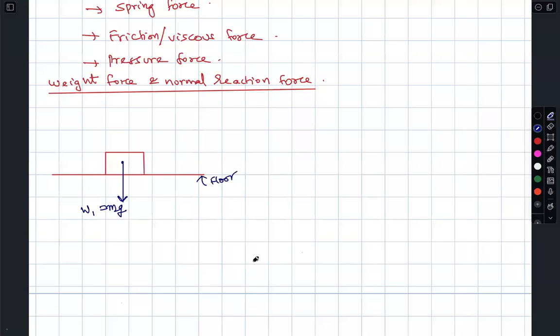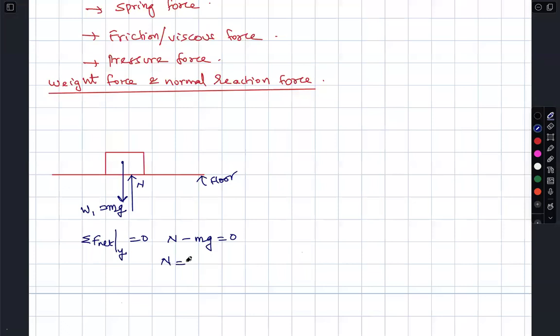So how is it possible? Normal reaction force should act on the block to counter this. So therefore, the floor is exerting a force called normal reaction to make the net force 0 in the y direction, which means, see, upward force you will take as positive, downward force you will take as negative, so 0.